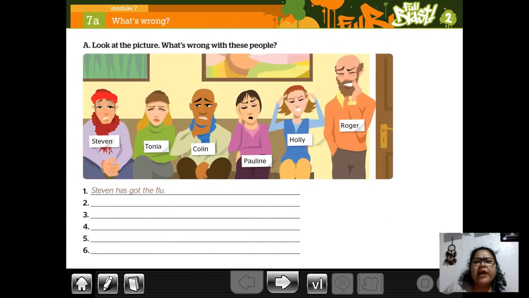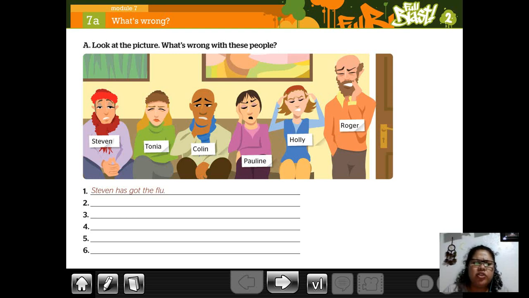On the workbook, we have the first exercise. It says, look at the picture. What's wrong with these people? We have a picture of a few people, and what I want you to do is to write down the sentence. For example, on number 1, it says, Steven has got a flu.